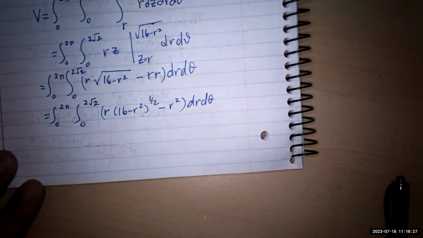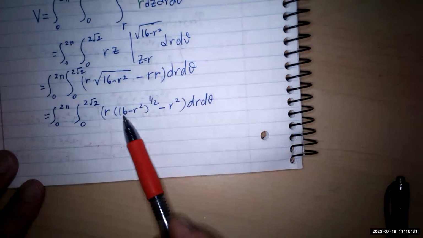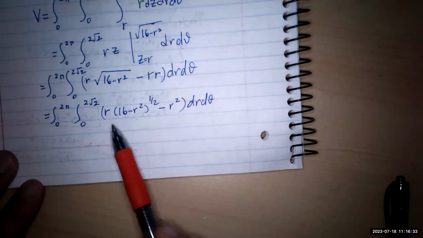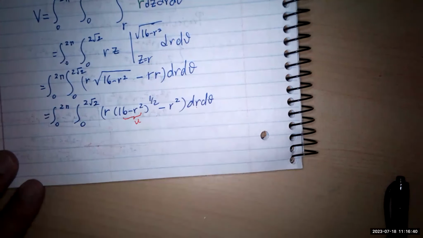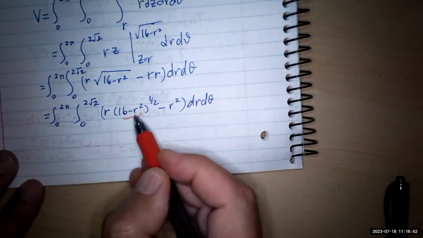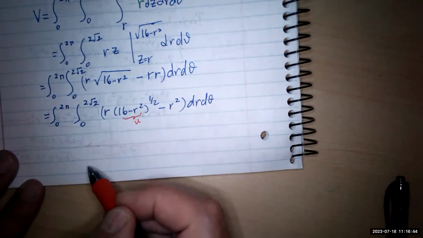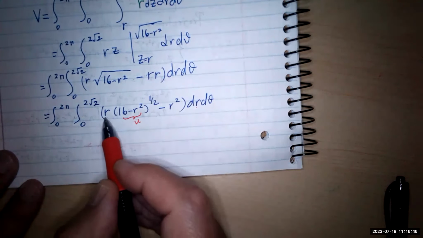Integrate it. The only thing you need is this must be done by u substitution. This is my u, so I need the u prime to match with the dr for the du. The u prime would be negative 2r, so I need a negative 2 here.